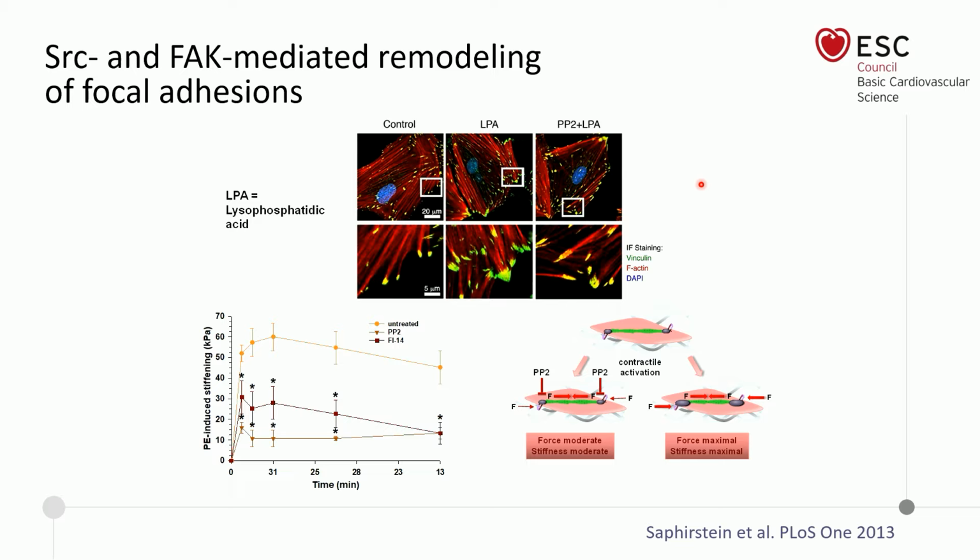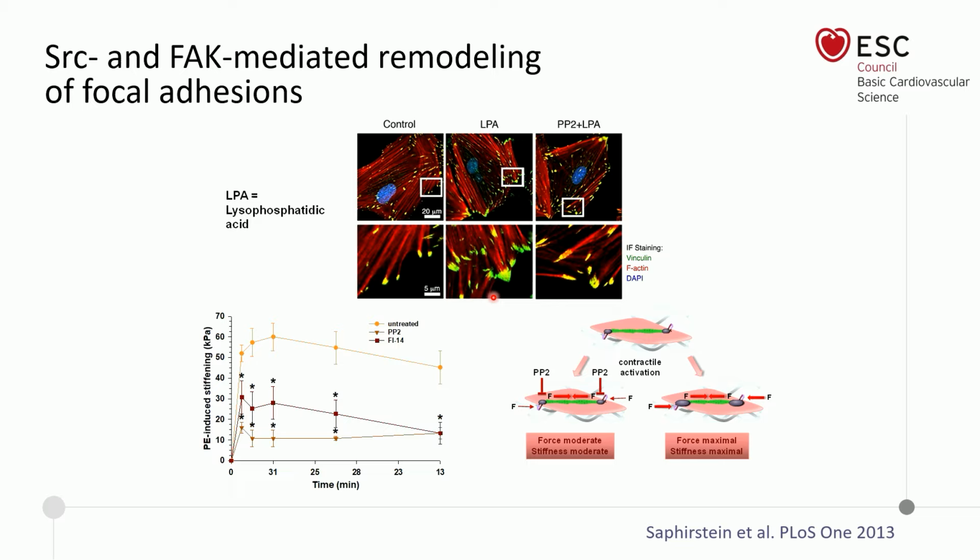On a focal adhesion site, we can see here in vascular smooth muscle cell culture that lysophosphatidic acid, which is a myosin activator, is able to produce an increase in the size of focal adhesions, in green here.